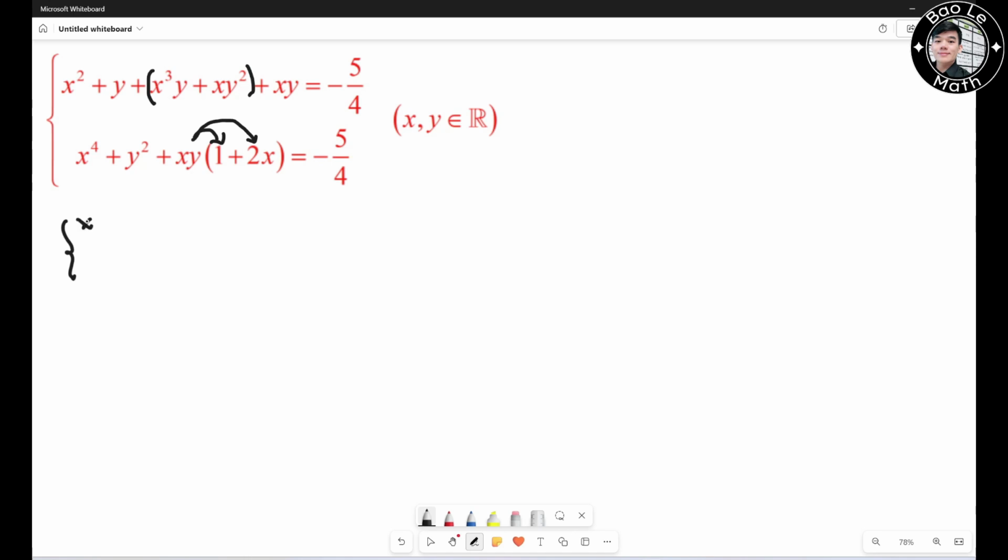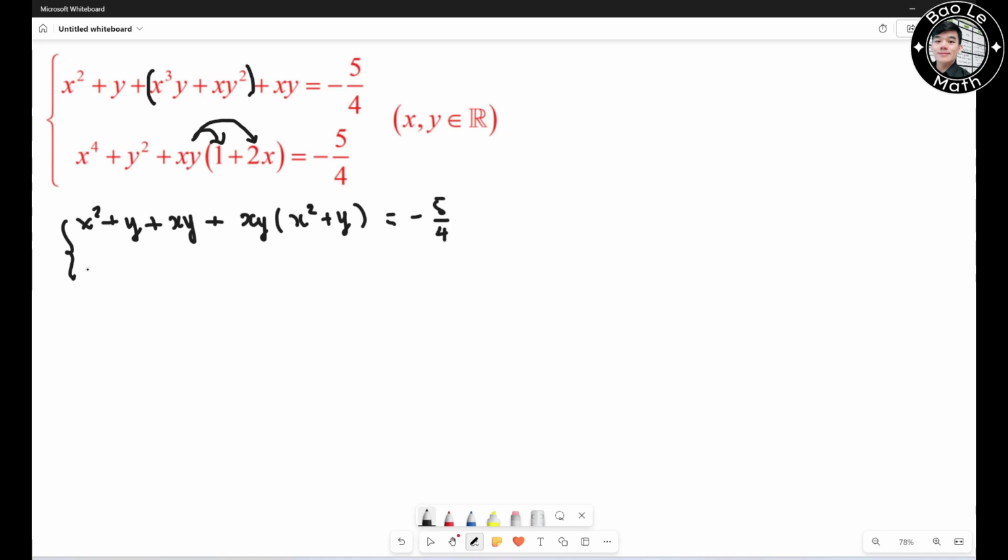Okay, so what do we have? We have x squared plus y, this one I bring it to the left, plus xy, plus this one I'm going to factor xy out. So it's going to be xy times x squared plus y equals negative 5 over 4.